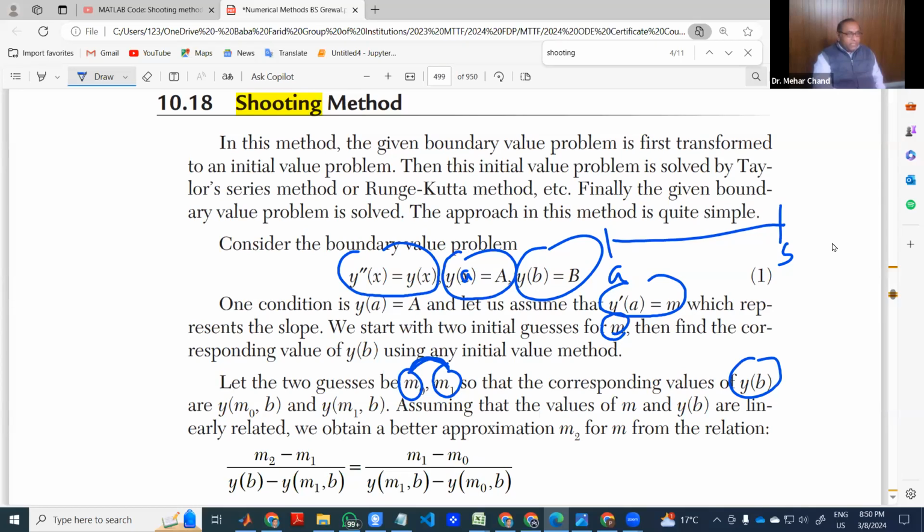These are y(m0, b) and y(m1, b), and we assume that the values m and y(b) are linearly related. So this is basically the given relation. But when we implement it, we need to see what will happen there.